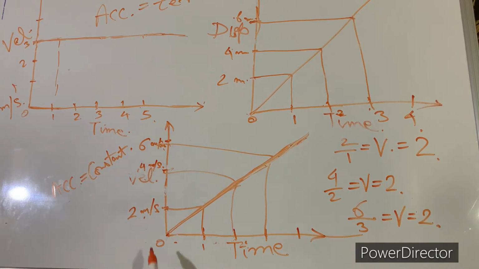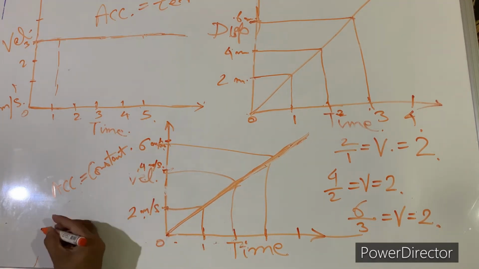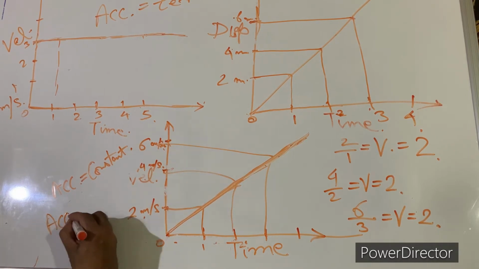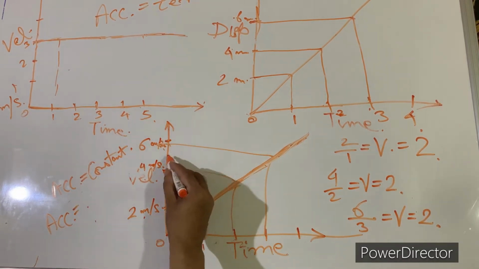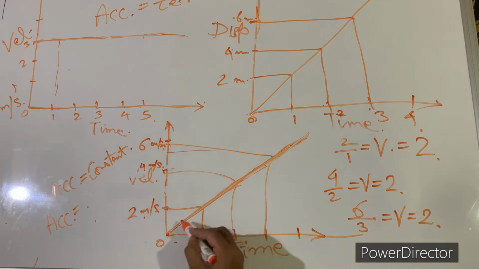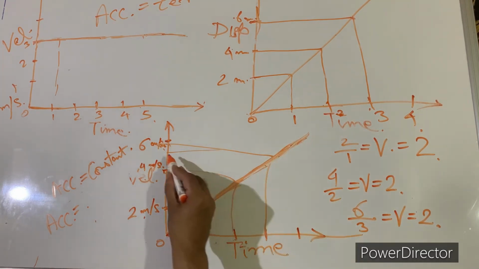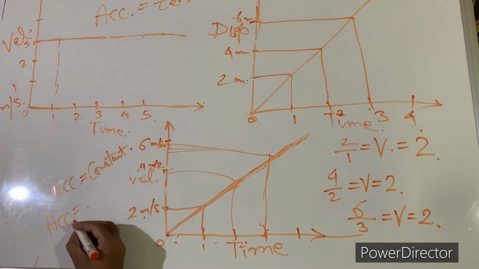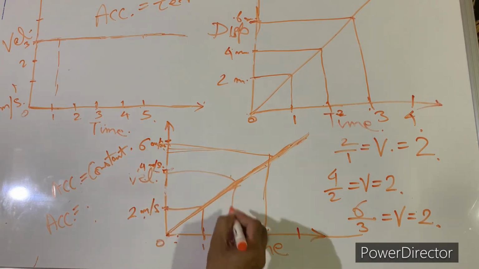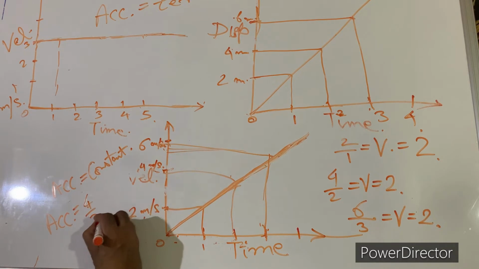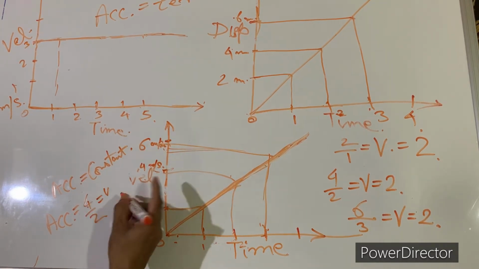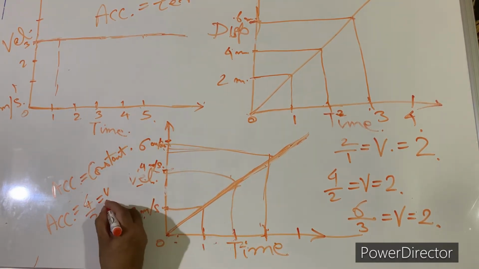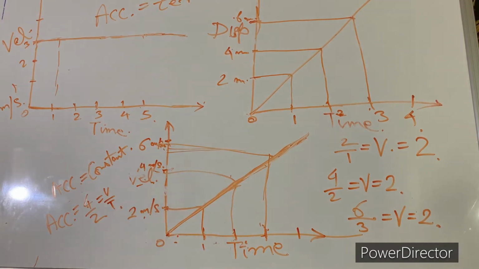So what is acceleration of the body? Acceleration of the body is defined as, here again, the slope of this line, which will be equal to y-axis by x-axis. So acceleration of the body will be equal to, we can take it as 4 by 2, that is the velocity divided by time. So velocity divided by time we know is acceleration.